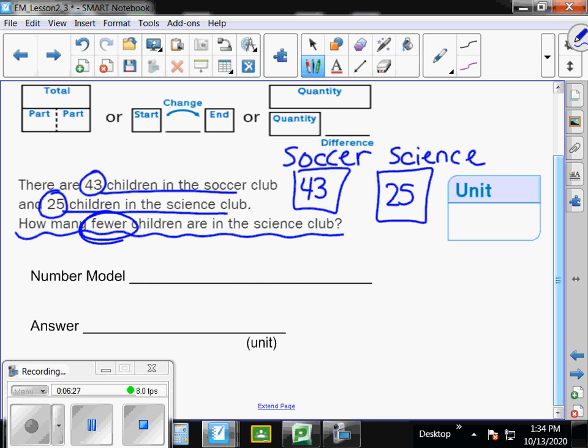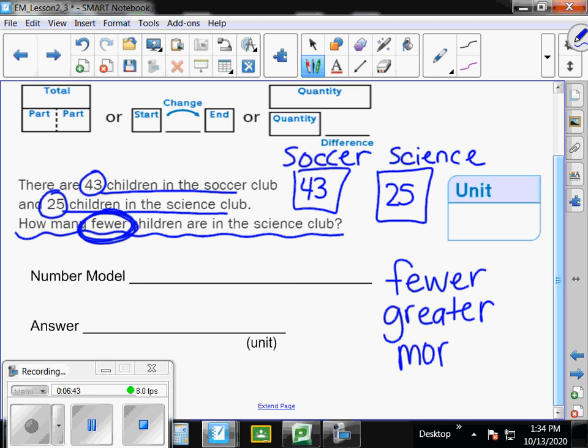This word right here is a really big clue word of what I'm going to do. When you hear how many fewer, or maybe how many greater, or how many more, or how many less, boys and girls, you are comparing. You're comparing two different things.